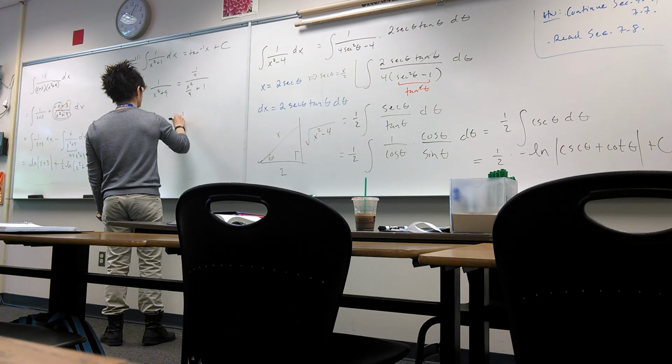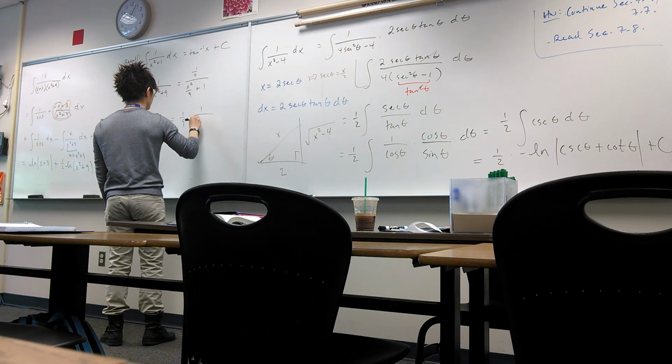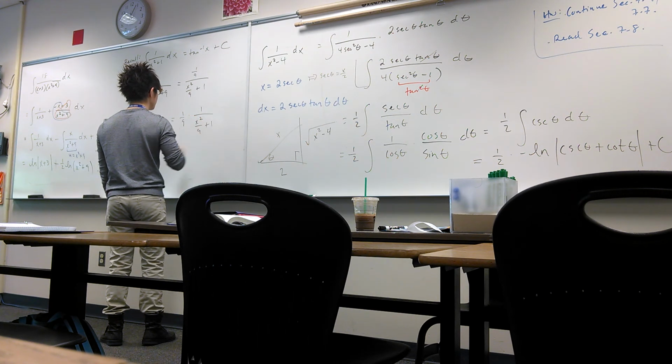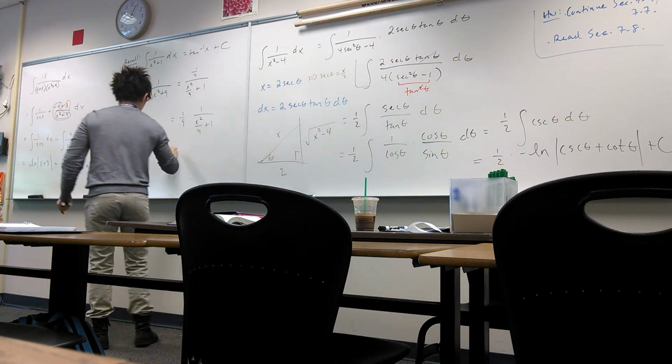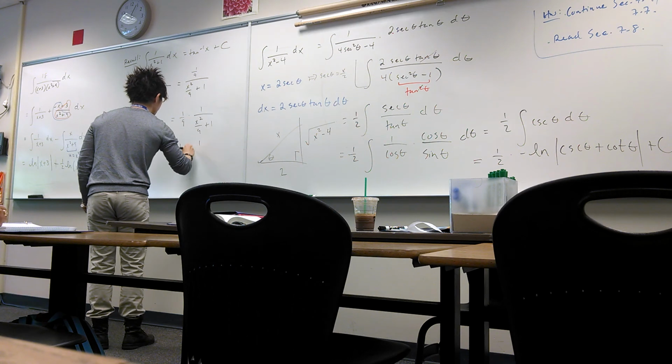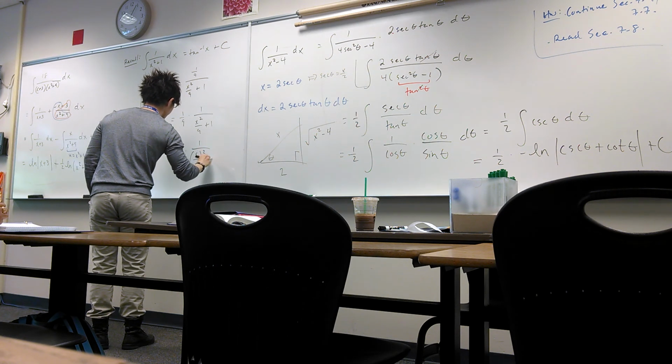So this is going to be 1 over 9 times 1 over (x squared over 9 plus 1). Which is equal to 1/9 times 1 over (x over what) squared plus 1.